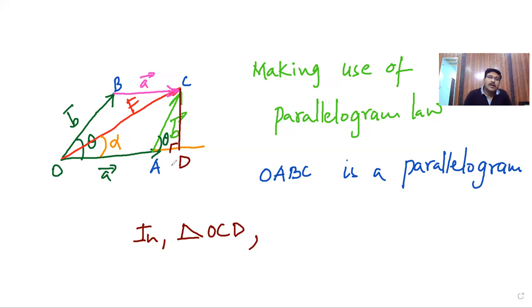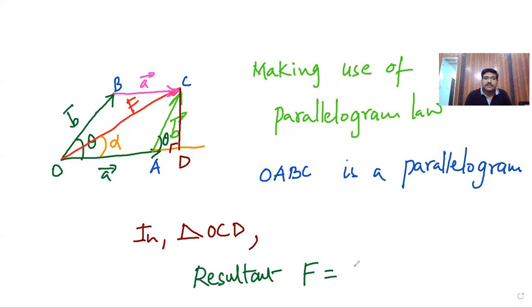Now, I am interested to find out, in the triangle OCD, the resultant force F. What is the resultant? Resultant F is nothing but here.